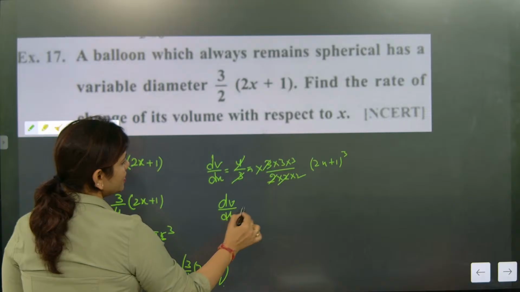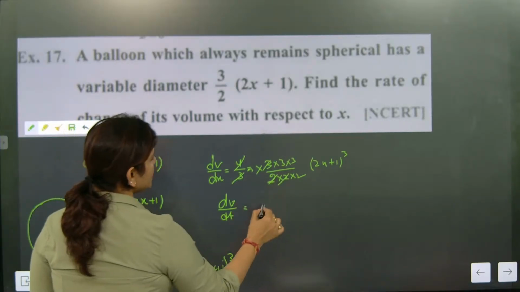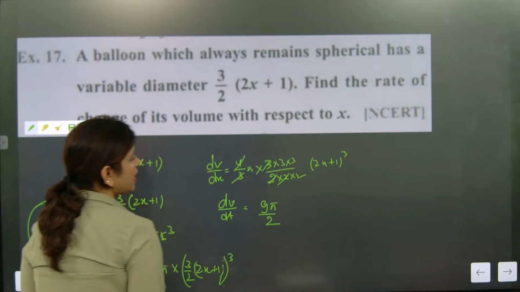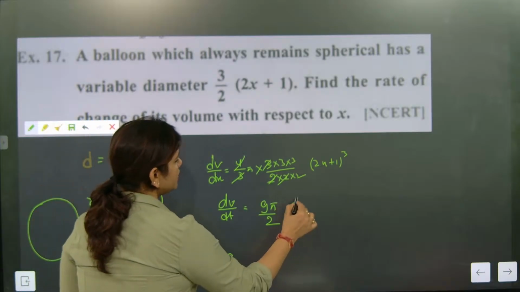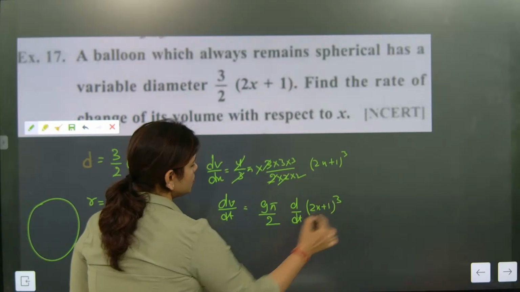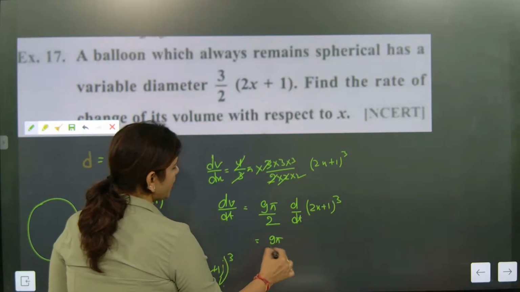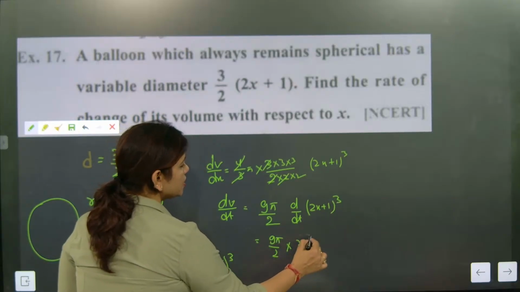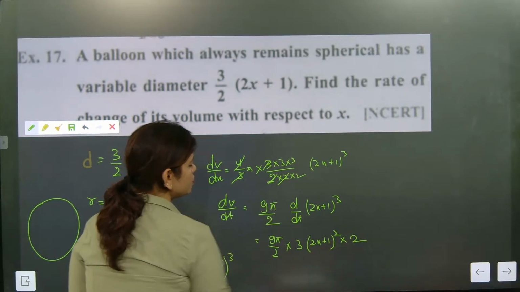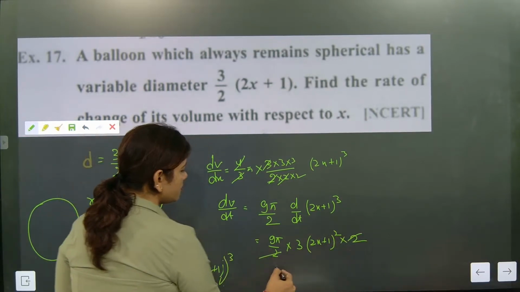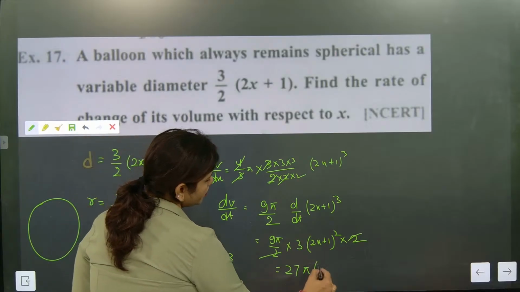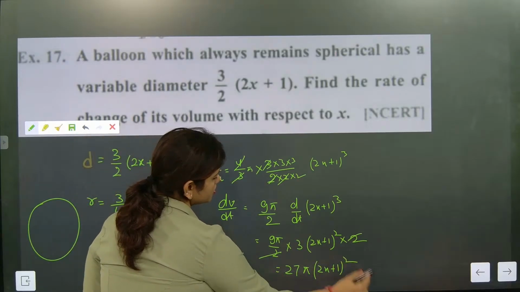So dV by dx is equal to 9 pi by 2, 3 3s are 9 pi by 2, and then the derivative of (2x plus 1) whole cube. So 9 pi by 2 into 3 (2x plus 1) whole square into 2. The total differentiation comes out as 3927 pi into (2x plus 1) whole square.